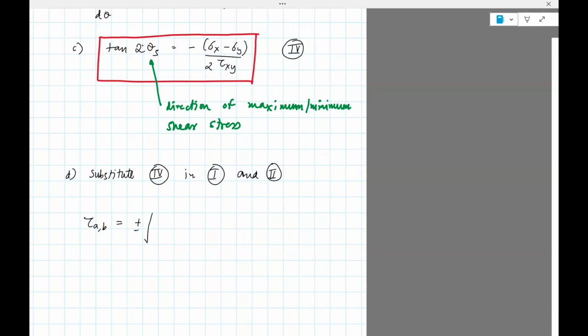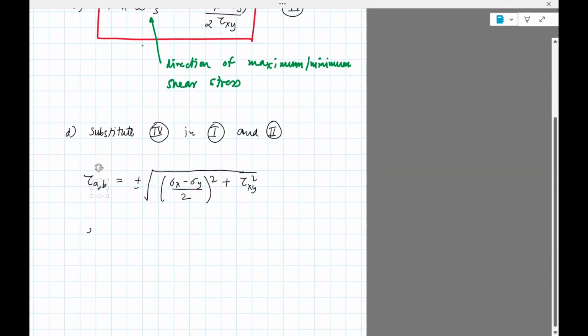One of them, the plus sign is the maximum and the minus is the minimum. So we get the square root of sigma x minus sigma y over 2 squared plus tau xy squared. And then the corresponding normal stress is sigma x plus sigma y divided by 2.